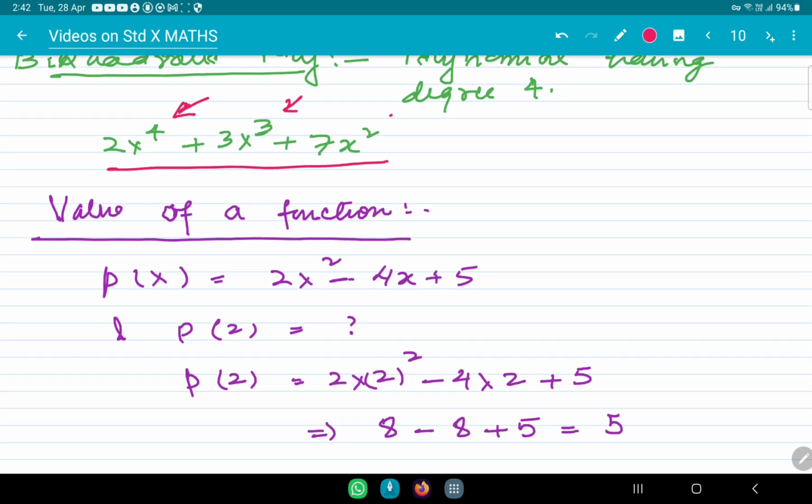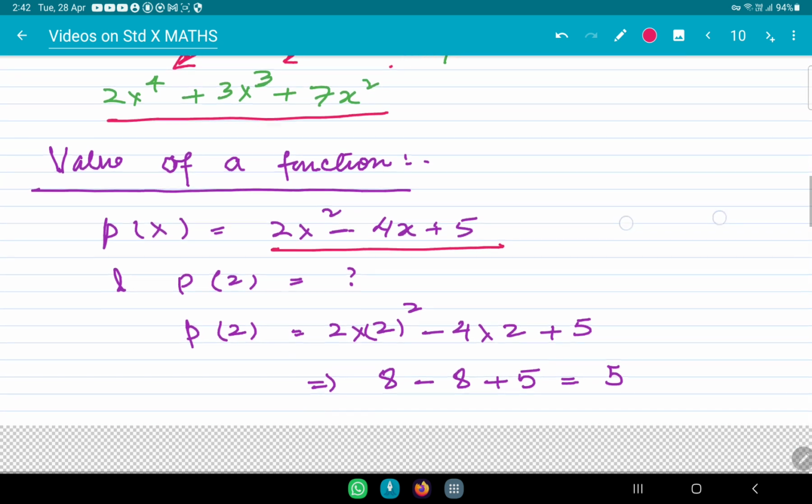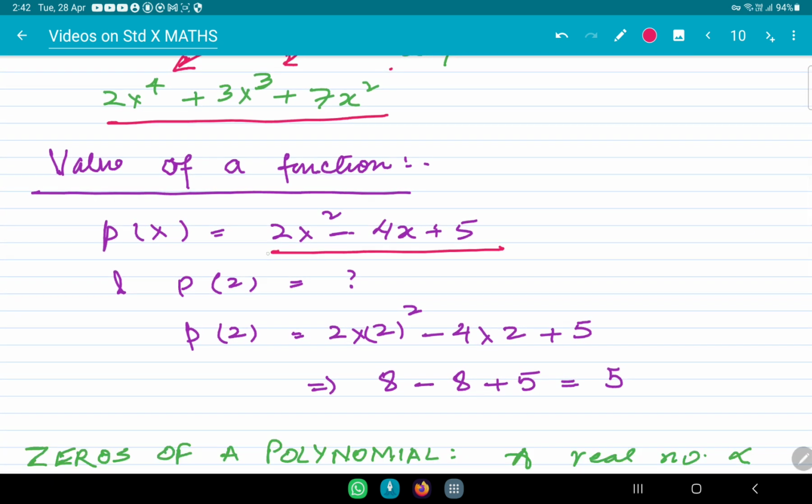Now we are seeing how to find the value of a function. Suppose you have a quadratic polynomial in the form of x. We read it as p of x. p of x is equal to 2x square minus 4x plus 5, and we want to know the value of p of 2. Means instead of x we will write 2.